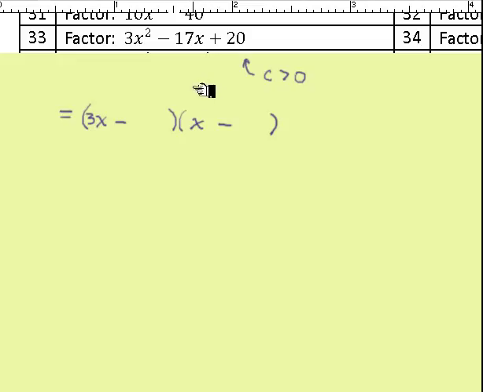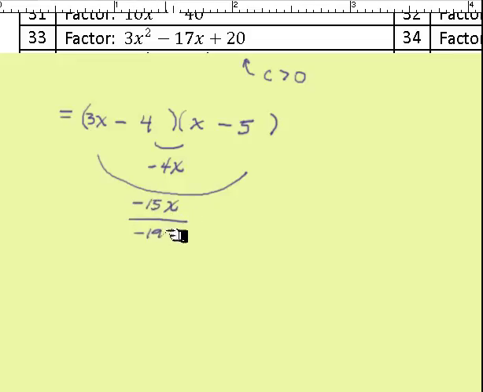All right, let's just say we tried 5, 4, putting the 5 there and the 4 here. Check the middle term, minus 4x minus 15x, and so we see we get close, minus 19x, but no, this is not the right factorization.